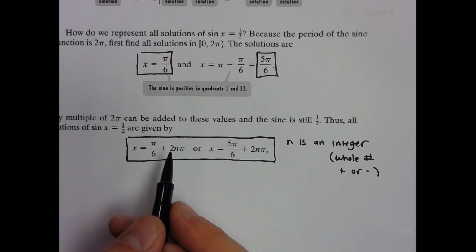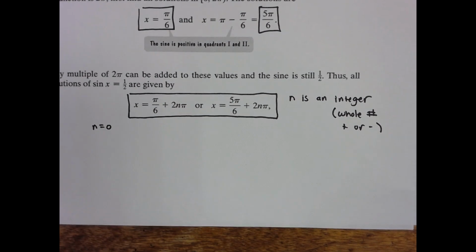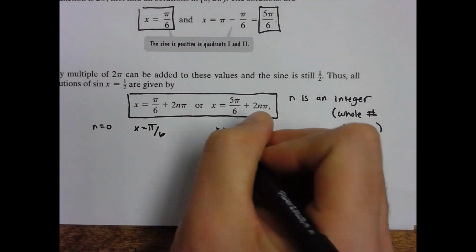We'll do that a little bit more next when we come back from break. But let me just show you what I mean by that n value. So if n is 0, meaning we're not adding anything, we get pi over 6 and 5 pi over 6. So those same two solutions we found from the unit circle.